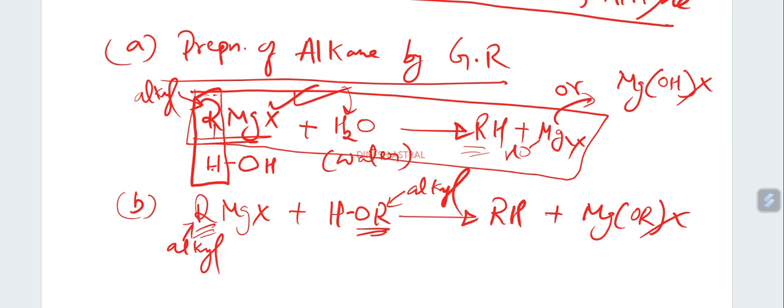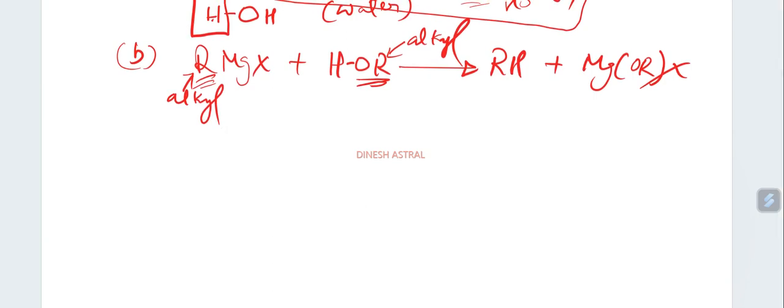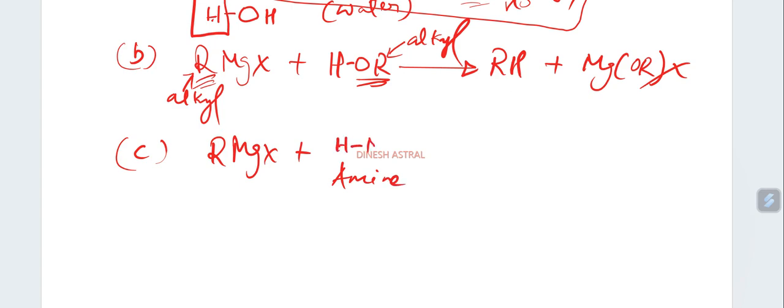Next, number C now. Reaction of Grignard reagent with, this time, amine. Let us consider this particular amine, let me write down here C2H5.